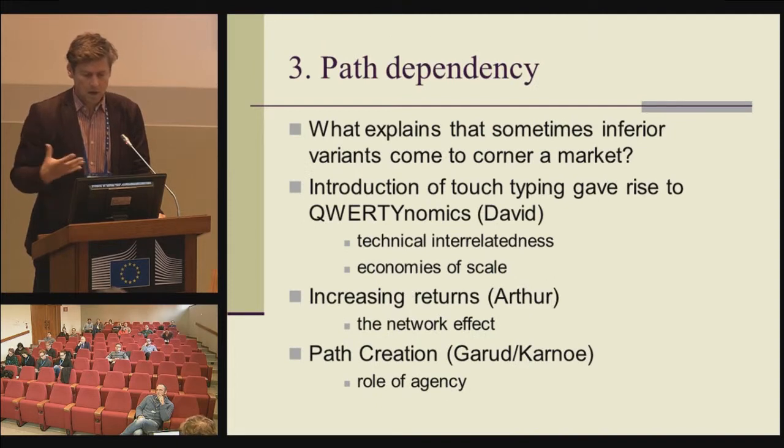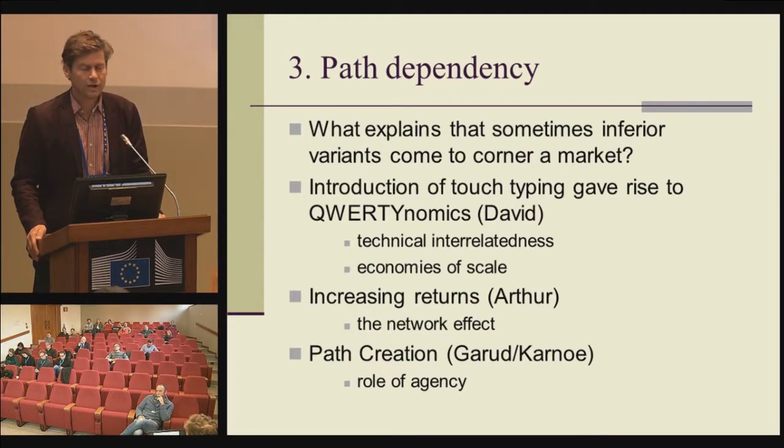Okay. The third theory is starting with the, for economists, very strange situation that an inferior product will still survive and dominate the market, which is a puzzle for economists. It's not a puzzle for historians or sociologists.